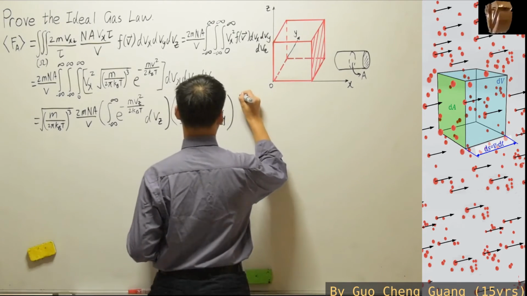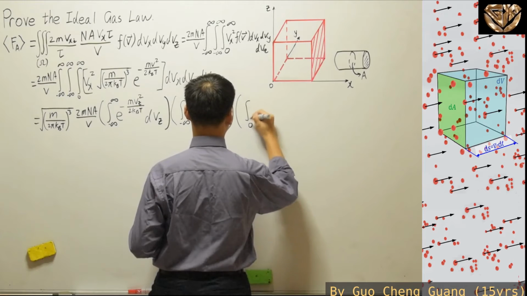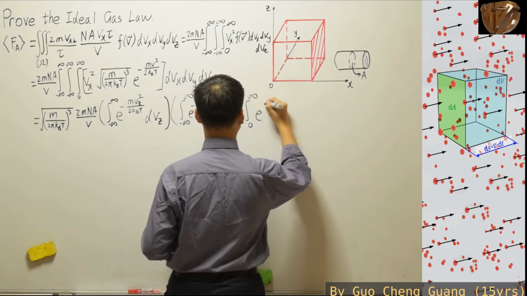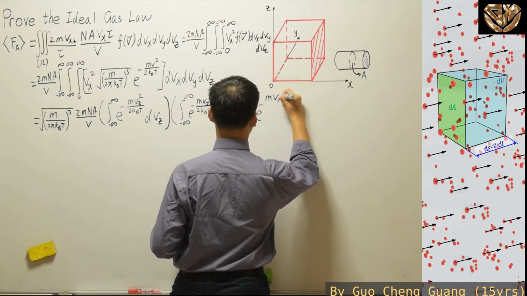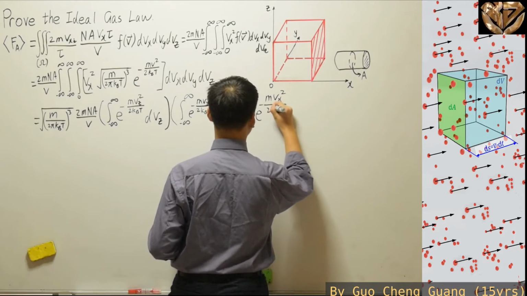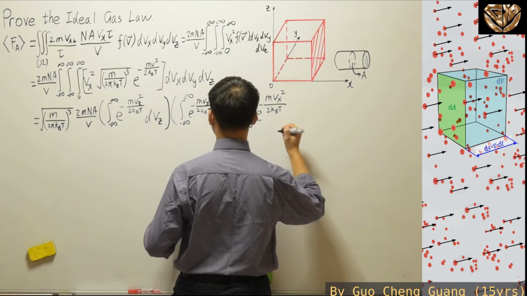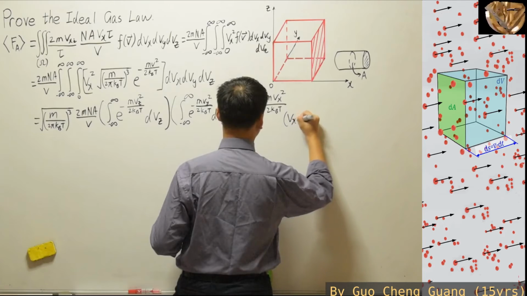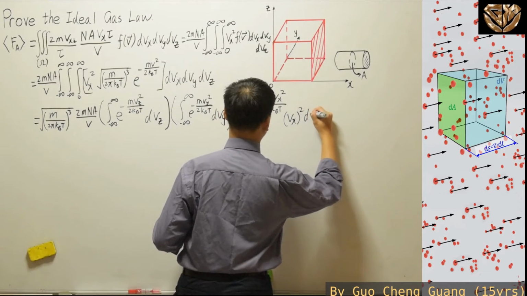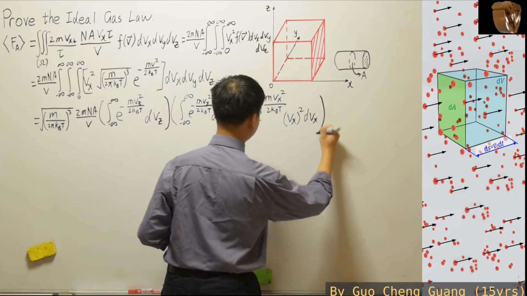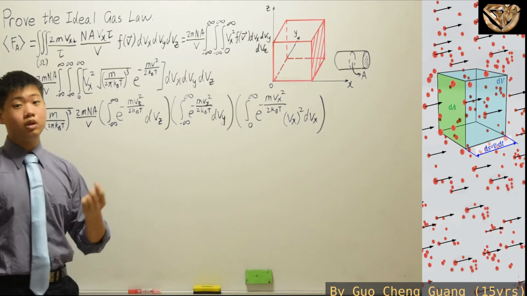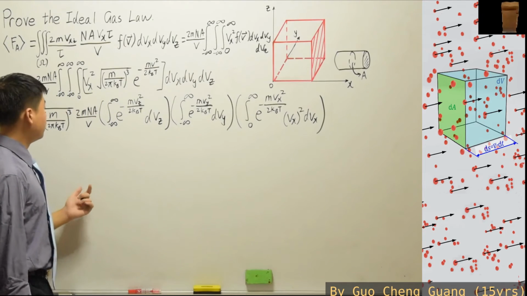And the last part for Vx, 0 to infinity, e to the power of negative mvx squared over 2 kBT. But beware, here you actually have an extra Vx squared, then dvx. Right, so you have these three different parts.